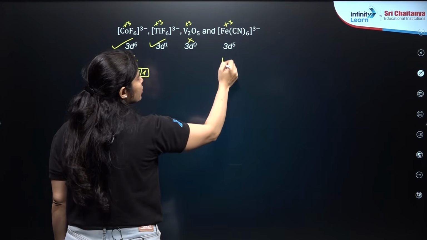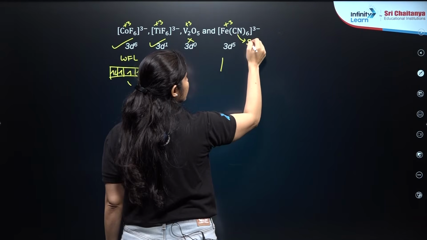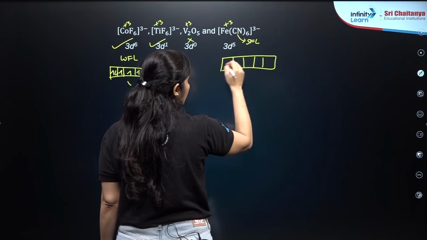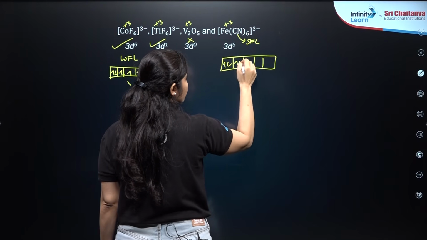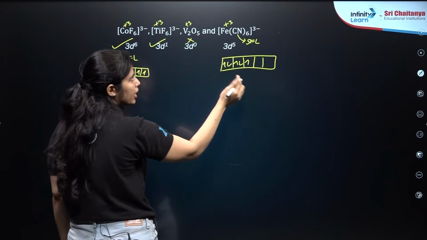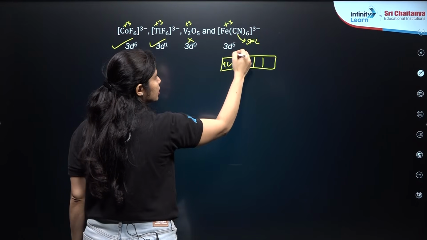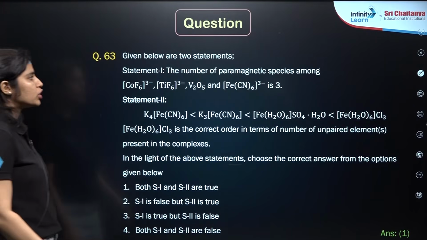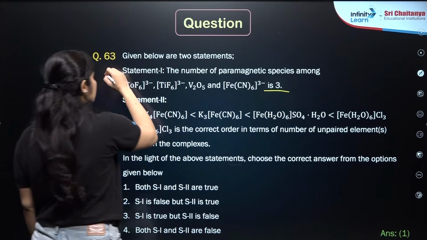And here also, this is a strong field ligand, by the way, right? If it is a strong field ligand, 1, 2, 3, 4, 5, 1 unpaired electron is still there, and because 1 unpaired electron is there, this is also going to be paramagnetic. So 3 should be paramagnetic, which is already given to you over here, so this is correct.